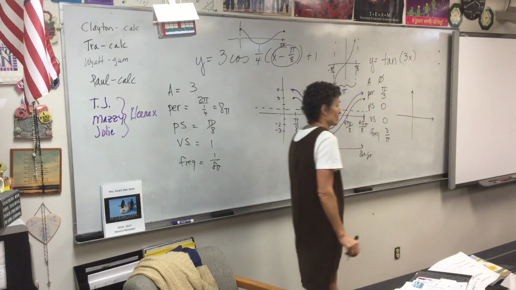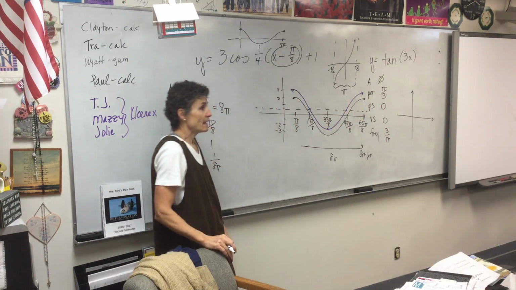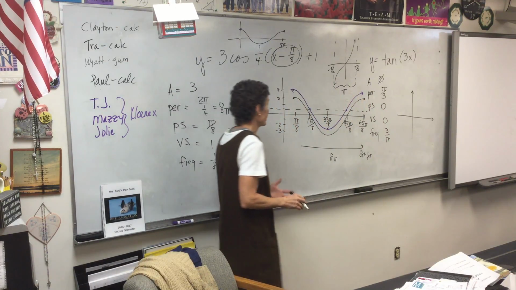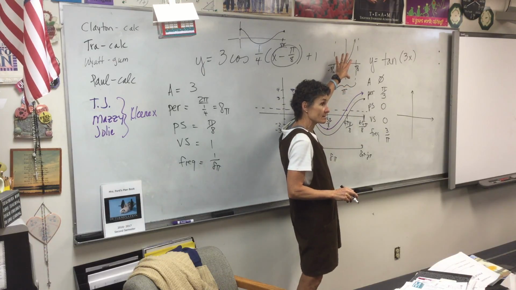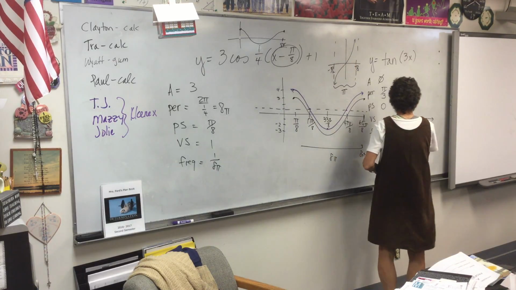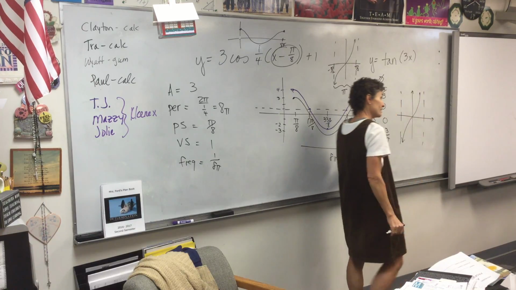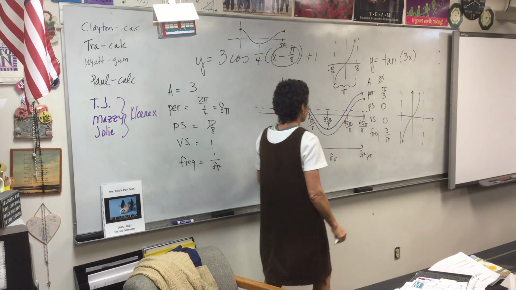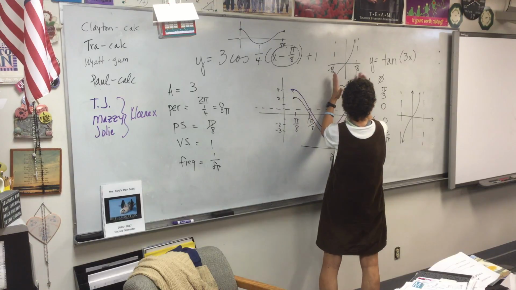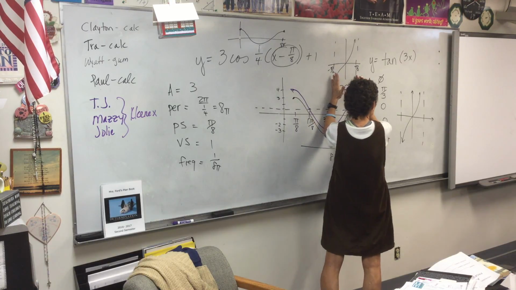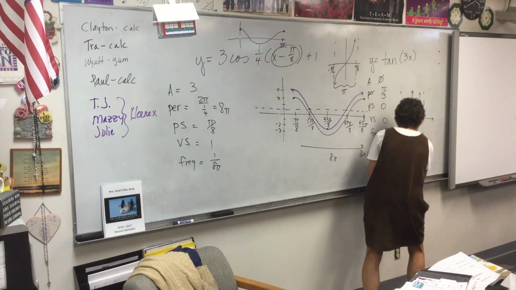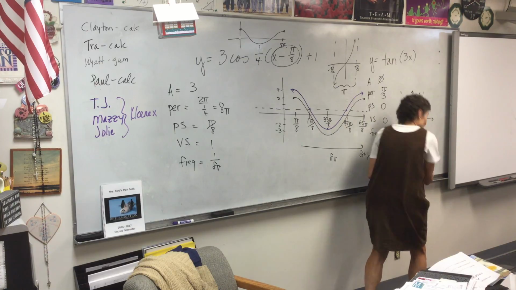Now I'm going to graph my picture. Since I have no shifts going on, it's going to look just like this. It's going to have an asymptote here and an asymptote here, and it's going to go through and look just like that. The only difference is, now, instead of this distance being pi, this distance is now only pi/3.